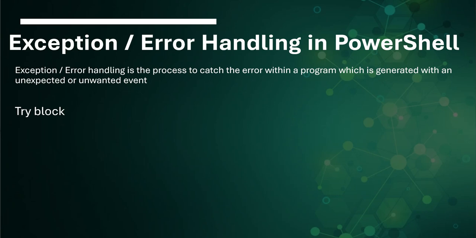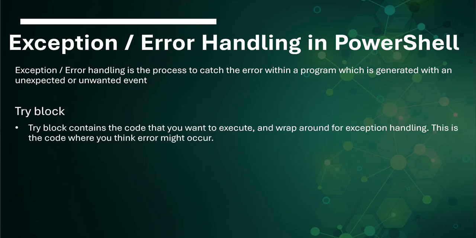We have first the try block. A try block contains the code that you actually want to execute and wrap for exception handling. This is the code where you think an error might occur. Then you have a catch block.